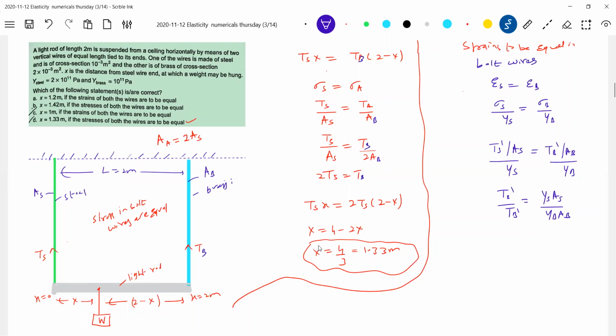Substitute this and check it. If you substitute and solve, 1 will come. So where should I hang the mass? If Ts dash equals Tb dash, what does it mean? At the midpoint, I should hang the mass.